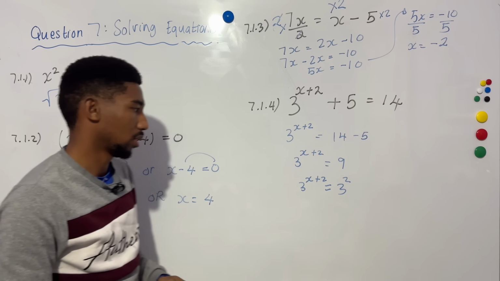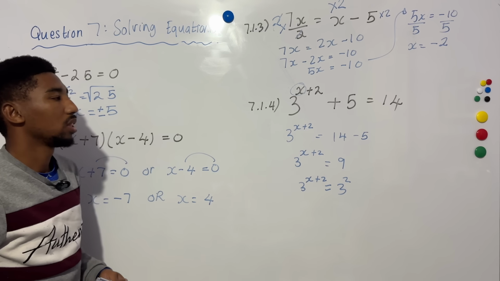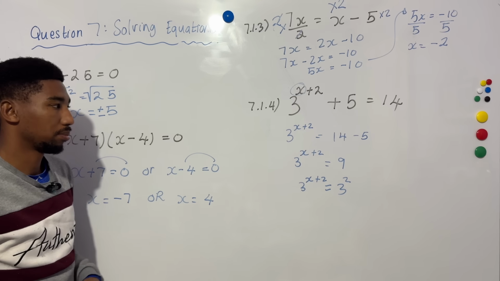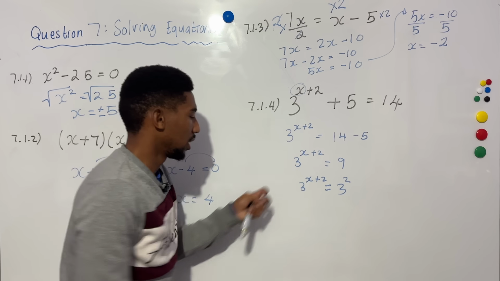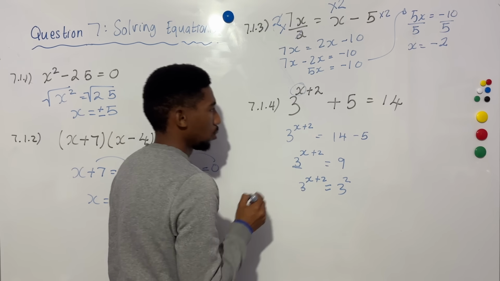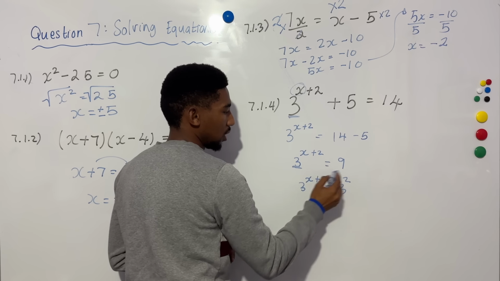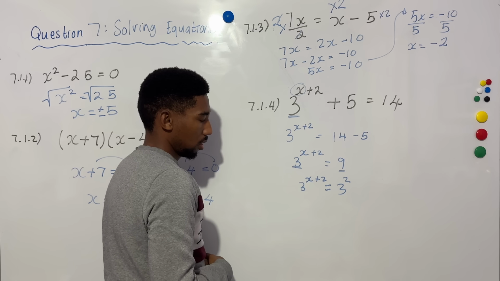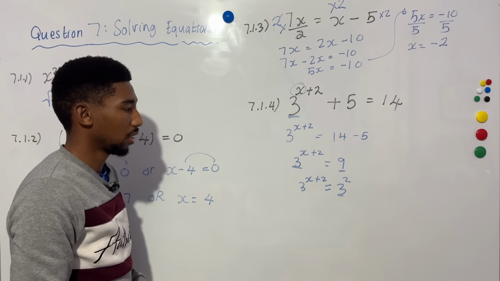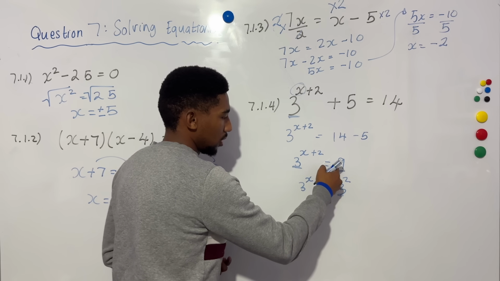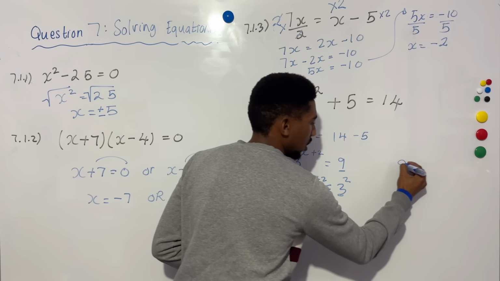Okay, this only happens now when our unknown is in the exponent form, and then we take everything else over, we get an answer. Then whatever the base is where our exponent is a letter, we must get whatever's on the right hand side. Like I have 9, I need to try to get it also to have a base of 3. Okay, so 9, I can rewrite it to have a base of 3, but 9 is equal to 3 squared.